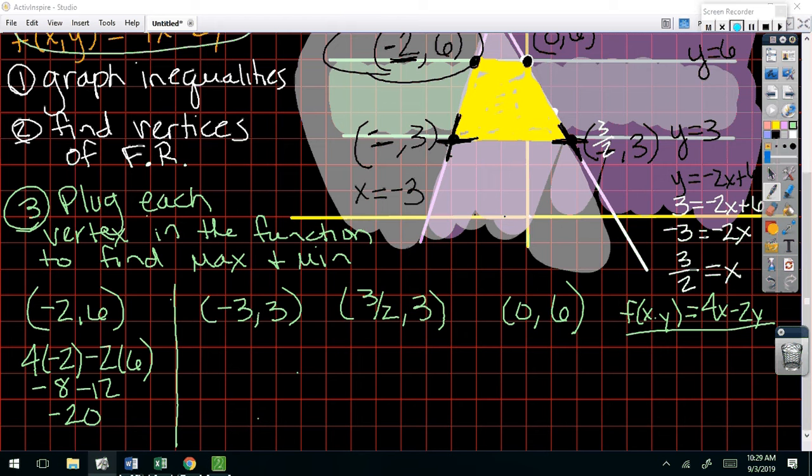All right, and then -3, 3. So 4 times -3 minus 2 times 3. -12 minus 6 is -18. Uh-oh, it's a fraction.